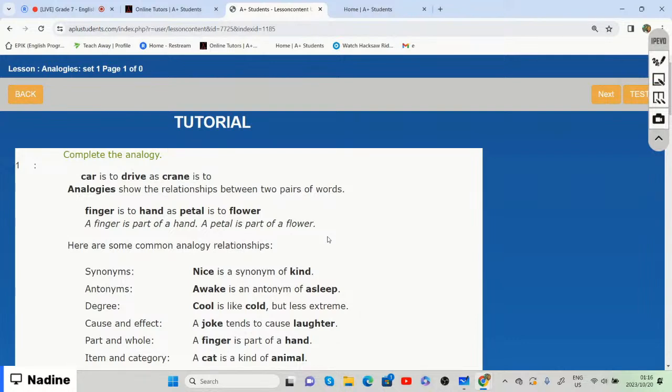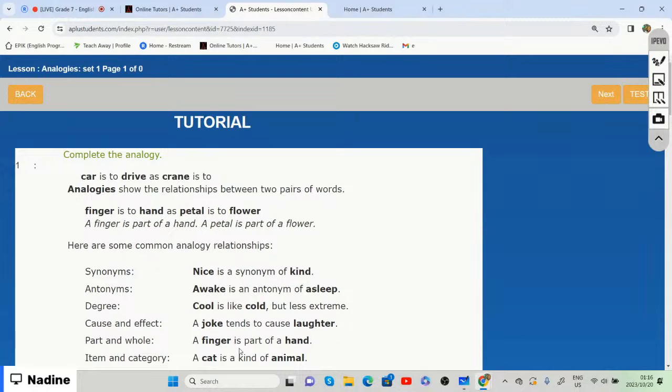For example, we said finger is to hand as petal is to flower, which means that the finger is part of the hand and petals are part of the flower, right?